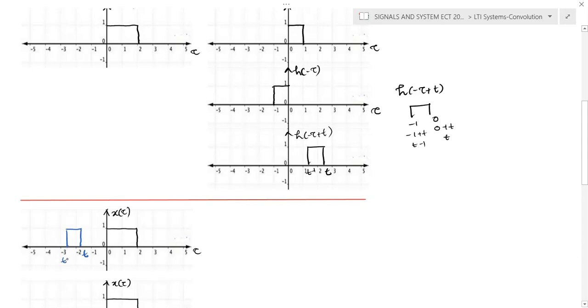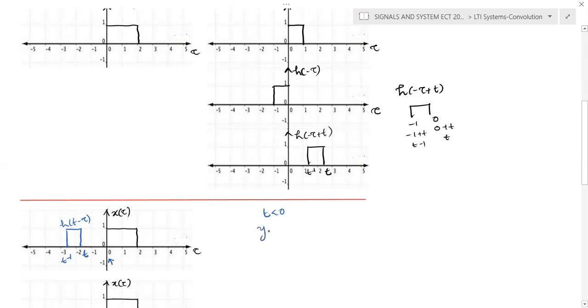If t is less than 0, this h of t minus tau waveform will be toward the left side of x of tau. That's the first case. And x of tau starts from 0 onwards. So we'll draw h of t minus tau towards the left side.